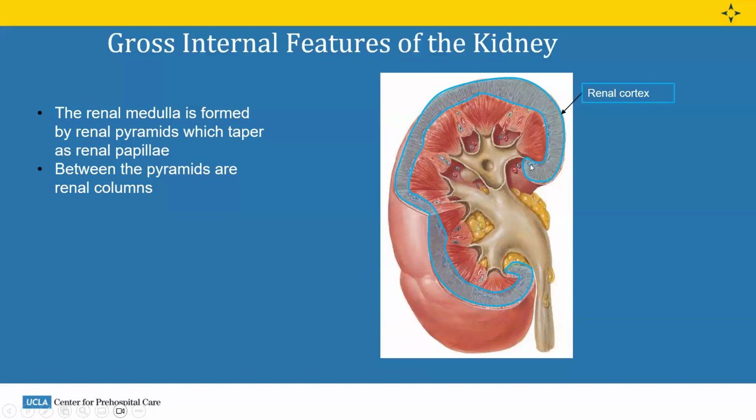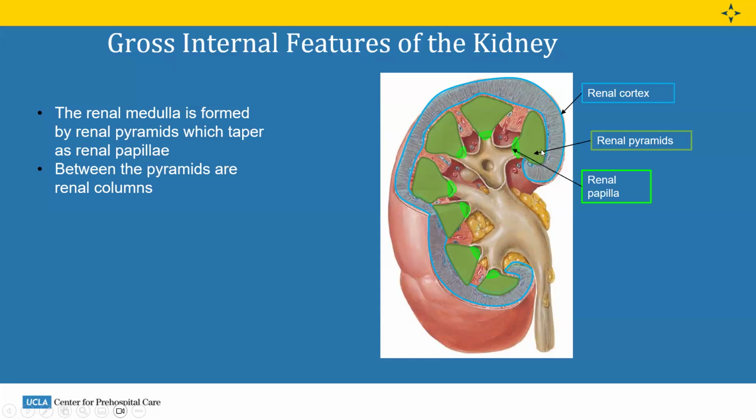So we already talked about this renal cortex, and then the renal medulla, or this inner portion, is formed by essentially these renal pyramids. So you can think of these kind of triangle-shaped structures as a renal pyramid. And essentially, at the taper, they're called renal papilla. Papilla just means mountain, right?